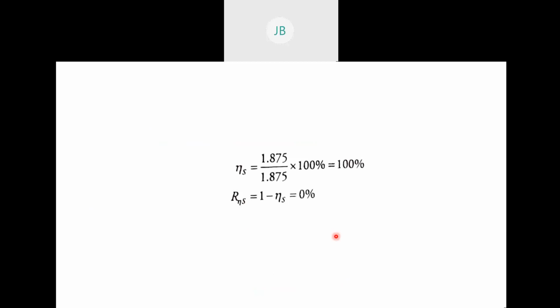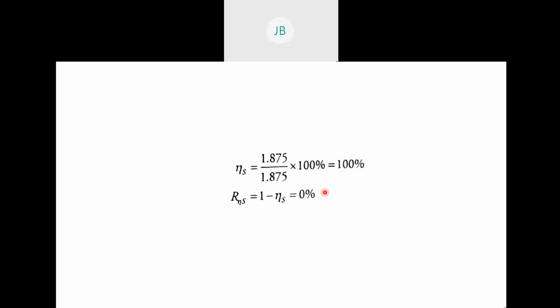It is the entropy value, 1.875, divided by the average code word length, which is the same value in this case. So you have 100% efficiency, and the redundancy is 0 because nothing is wasted. This is the best example in case of Shannon's encoding scheme: we have 100% efficiency.